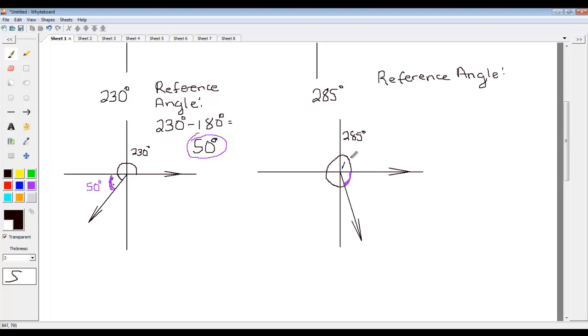You know, if all the way around is 360, then let's subtract 285 from 360 to see what this leftover bit is here. And I'm getting 75 degrees. So that leftover bit there is 75 degrees.